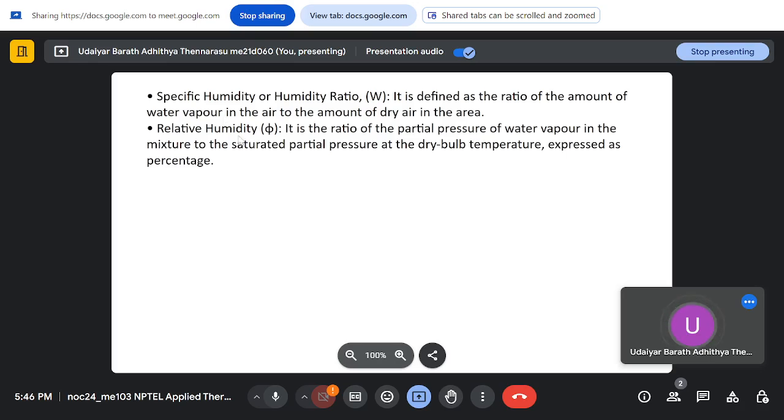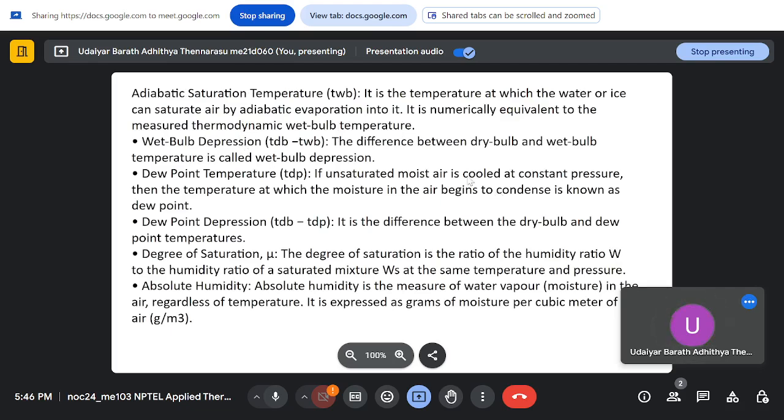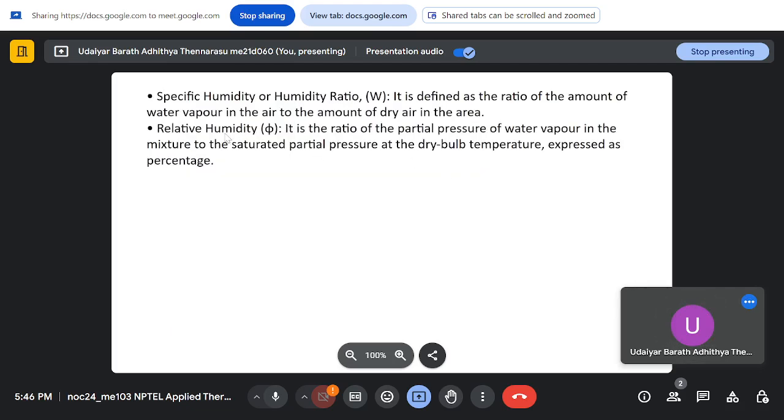The specific humidity is the absolute humidity in terms of meter cube. Relative humidity is the ratio of the partial pressure of water vapor in the mixture to the saturated partial pressure at the dry bulb temperature. So Pv by Pv saturation. That is your relative humidity.